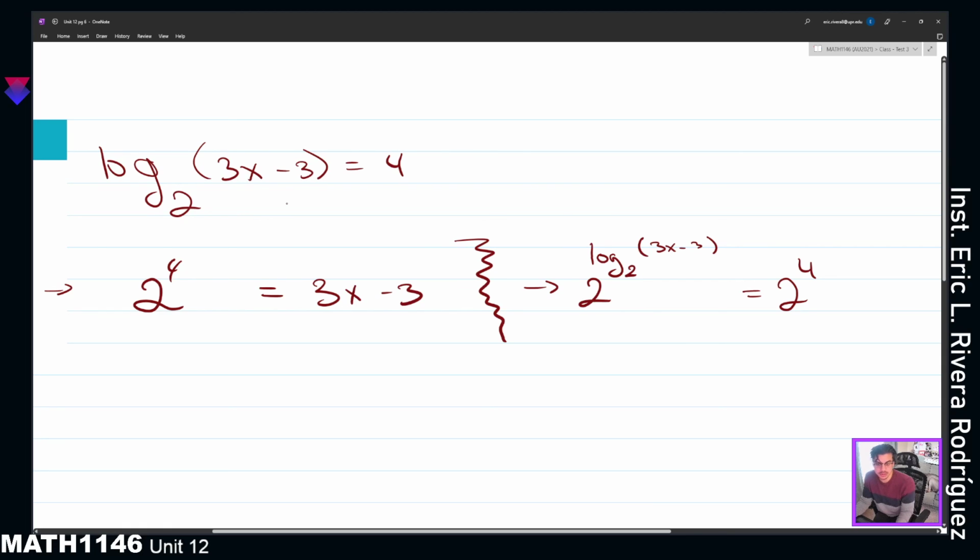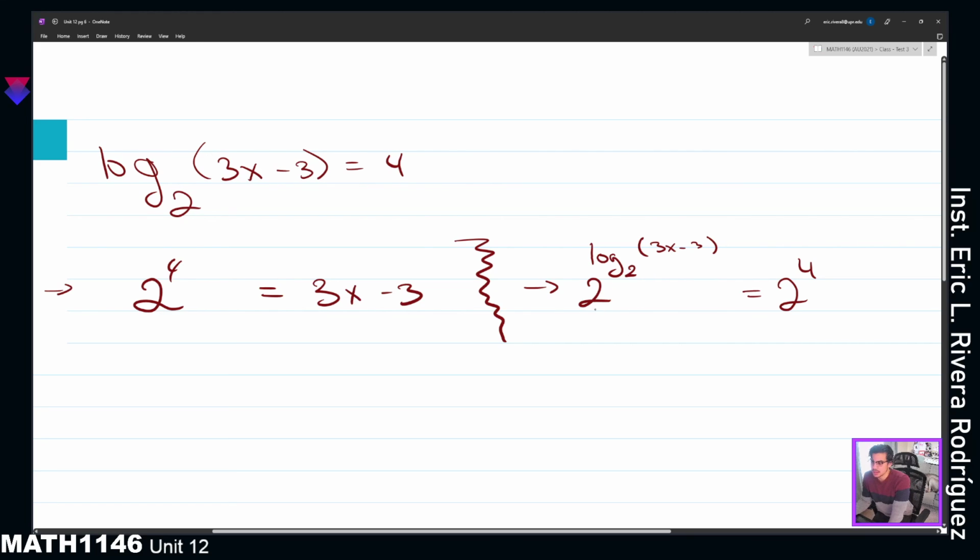Obviously, 3x minus 3 is something that we don't know exactly, but since on the right side we have 4, we can use that information to create an exponential expression that will help us to solve this exercise.